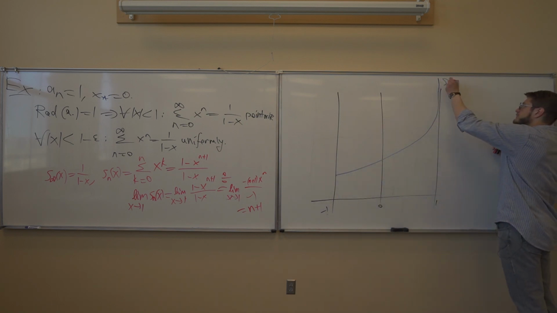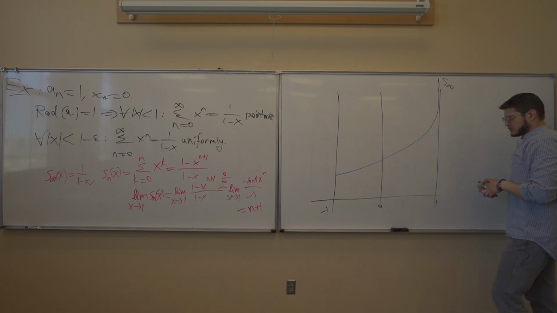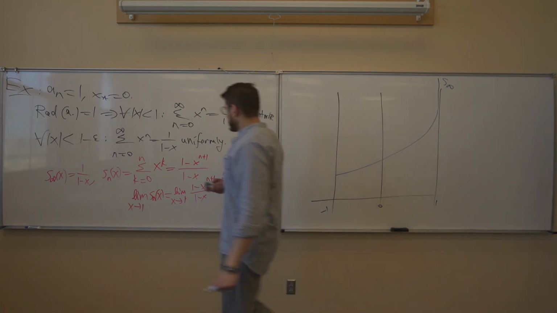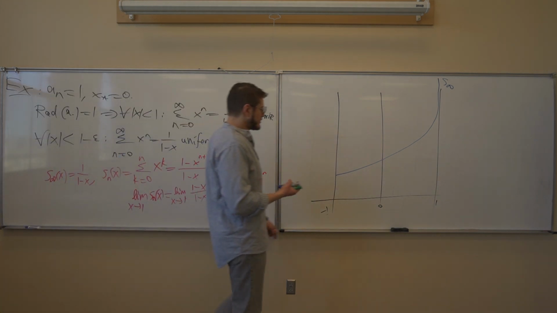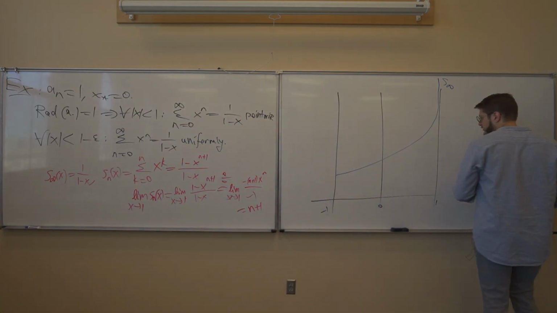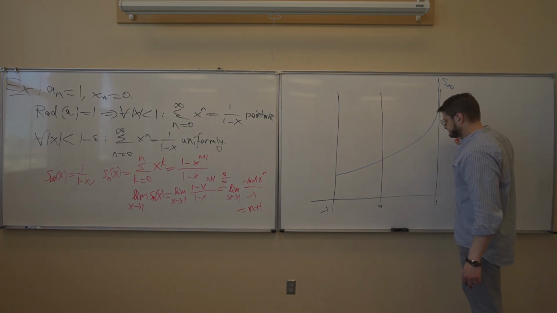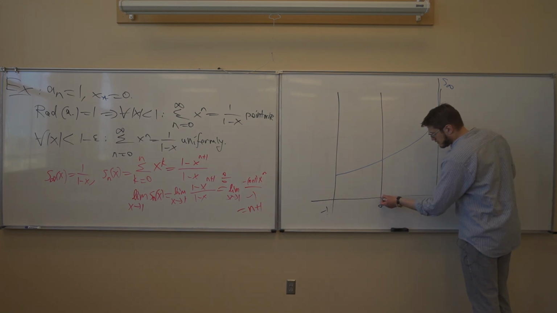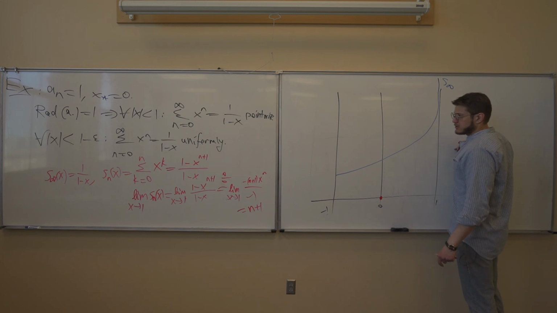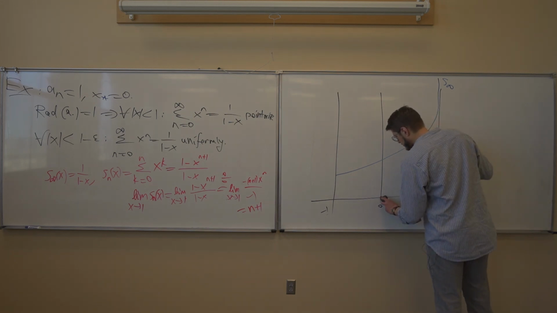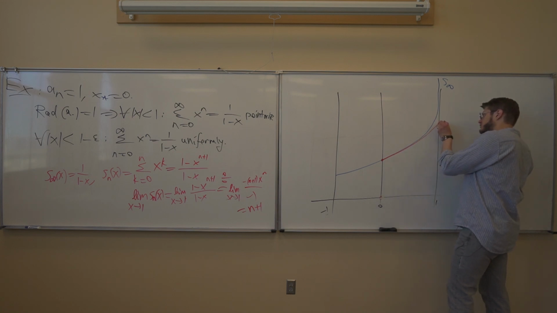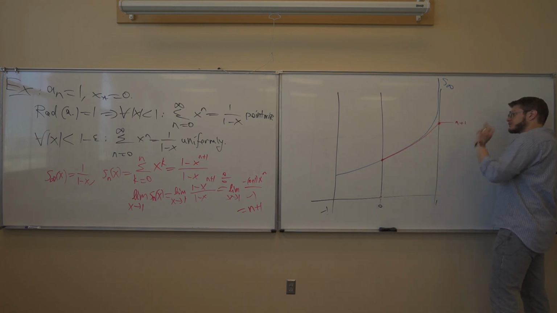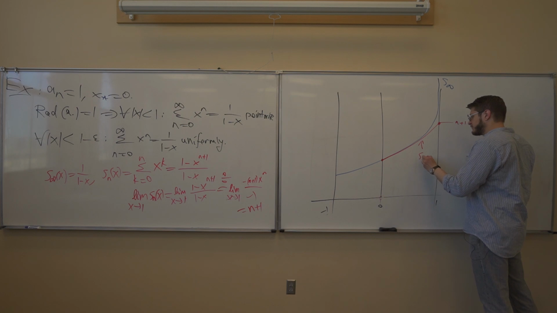This guy is S infinity. It has a vertical asymptote. So for instance, S sub 0 would just be the constant function 1. S sub 1 would be 1 plus x, and so on. But in any event, I guess this should be at 1 here. So this guy is S sub n.